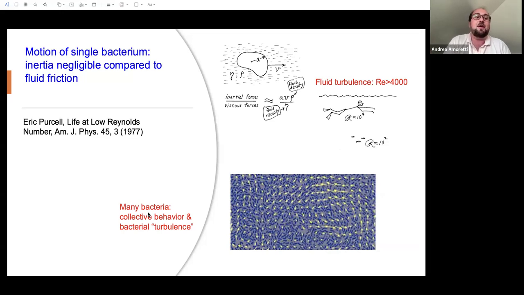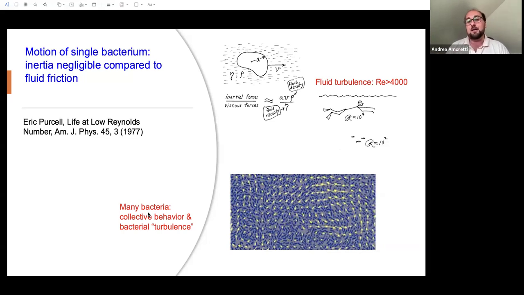So people think about the motion of a single bacterium as low Reynolds number propagation, and that tells us that these systems are intrinsically out of equilibrium. That's the first lesson we learn.